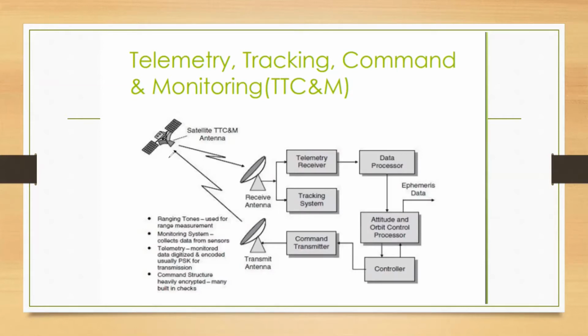There could be various sensors, and these sensors send these signals to the Earth station. A continuous beacon is being sent, or a continuous signal. The modulation technique that is used is PSK, and it requires a small bandwidth.